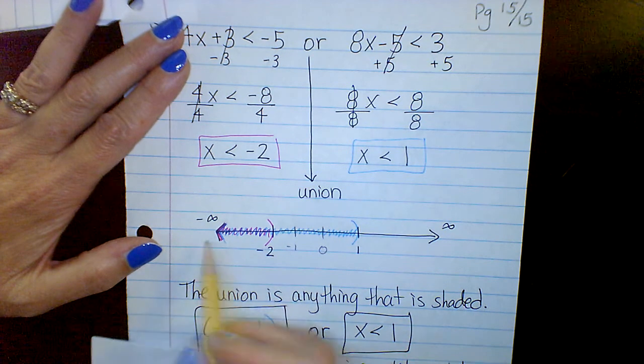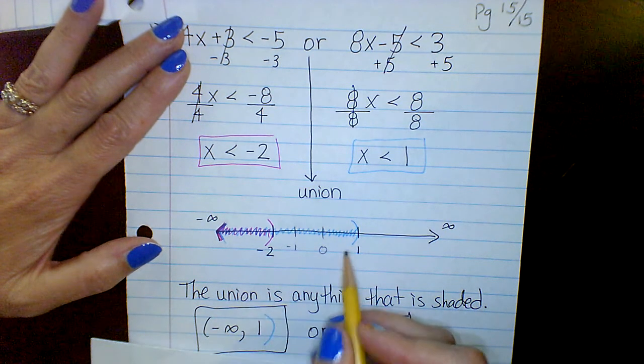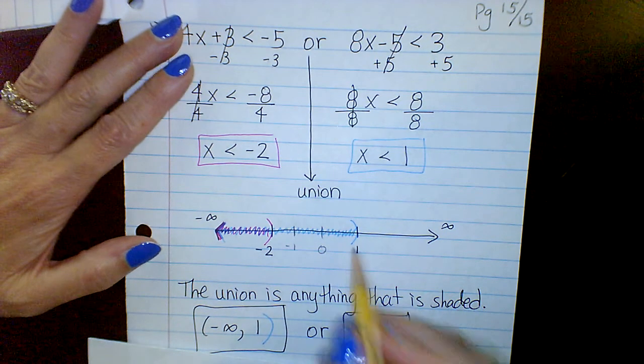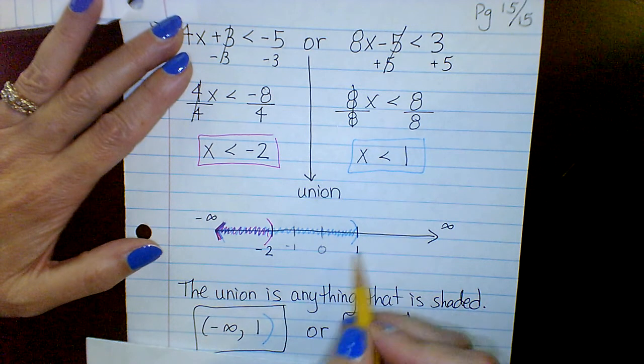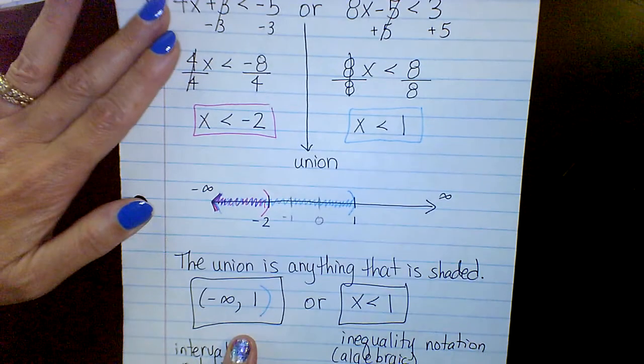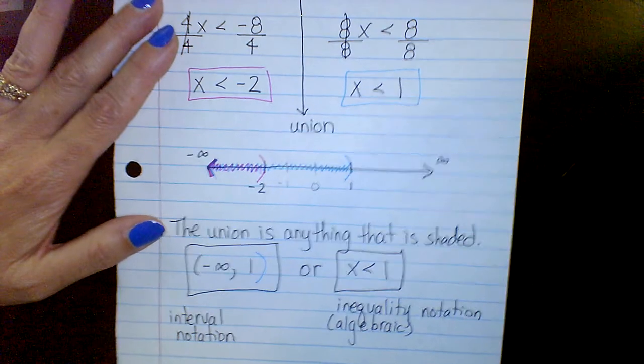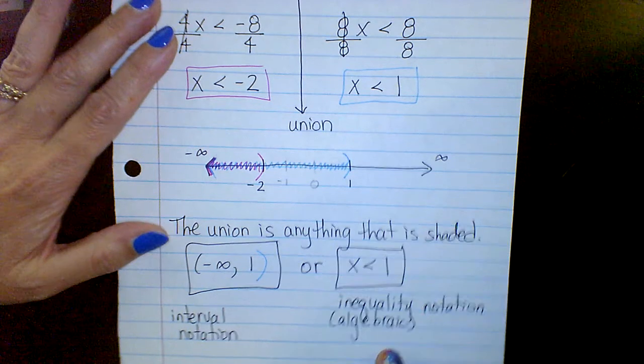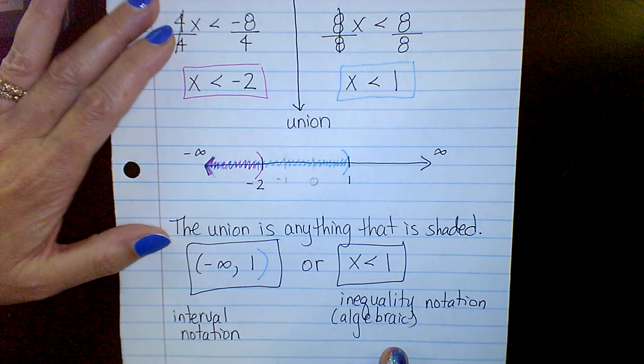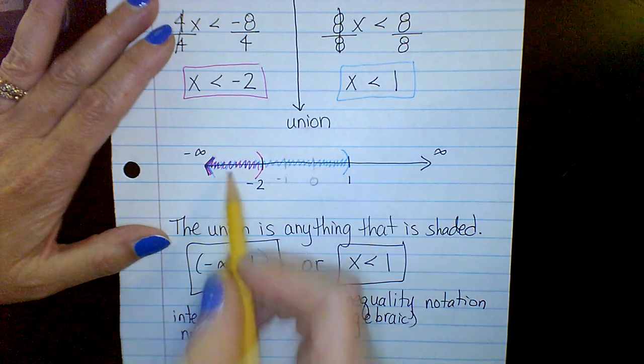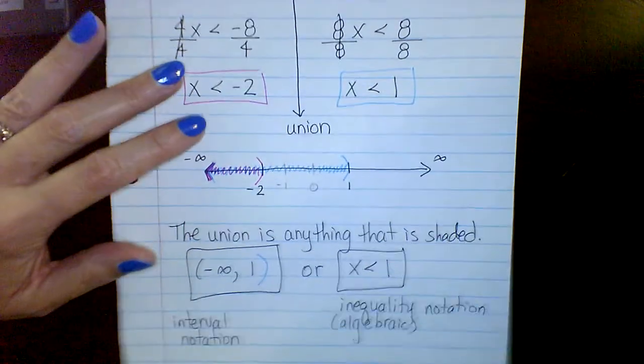So anything shaded, well, if I just looked at this in dog vision, you know, black and white here, then that would be everything from 1 back. That's the interval notation. If you wanted to write it in the algebraic notation, that's what Hawkes calls it, I prefer to call it the inequality notation because it's a lot more descriptive. It'll be everything less than 1.